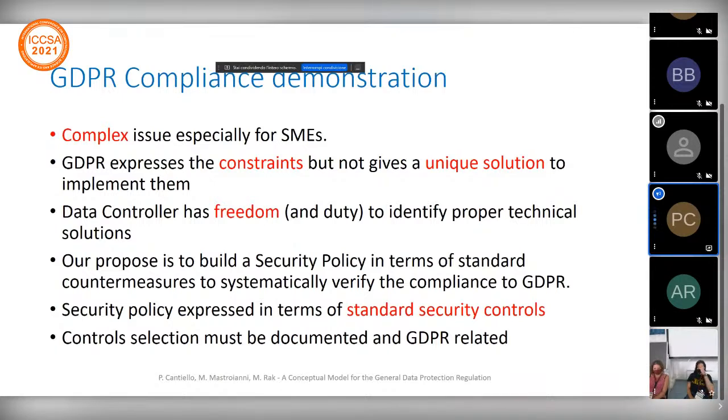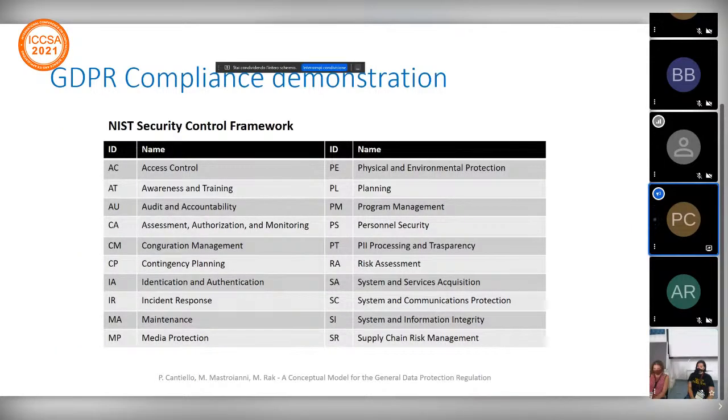We have chosen the NIST security control framework, which is now at its fifth release. These are standard security control frameworks divided into almost 20 categories, which is summarized here. Starting from access control, planning, program management, personnel security.